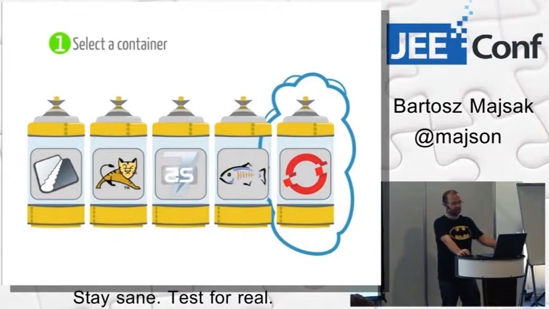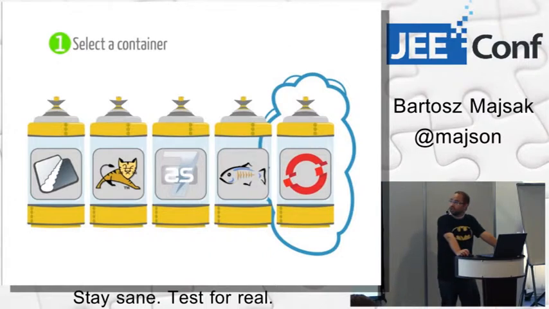A managed container runs in a separate JVM process and is entirely controlled by Arquillian. And there is remote, which means that the server or the container we are connecting to and deploying our test needs to be already up and running, which makes it a bit faster because we don't need to start and stop the container on our own.